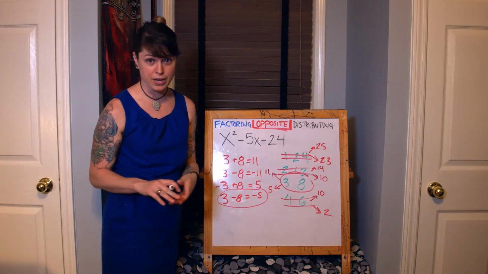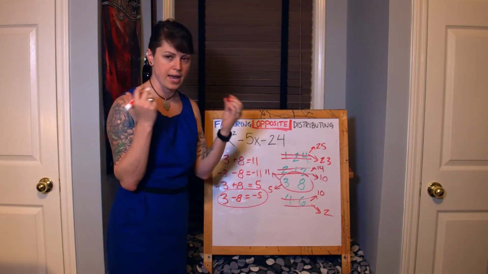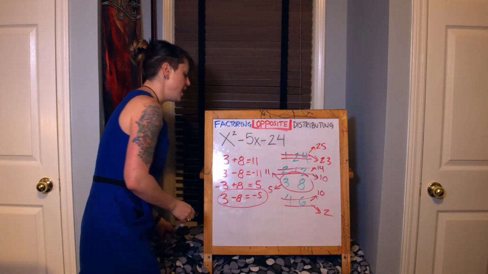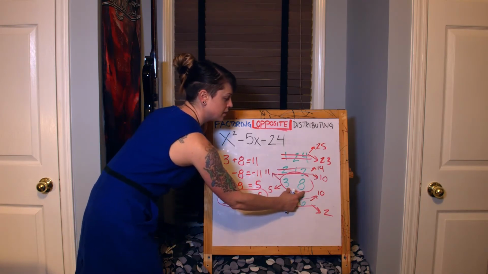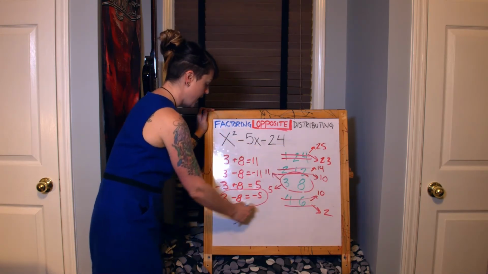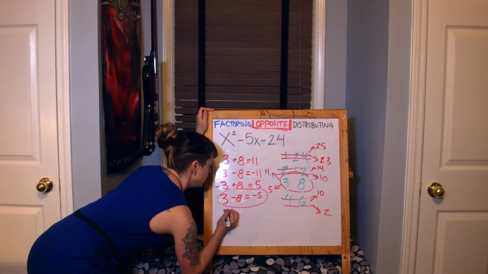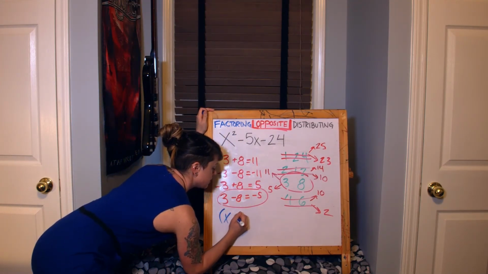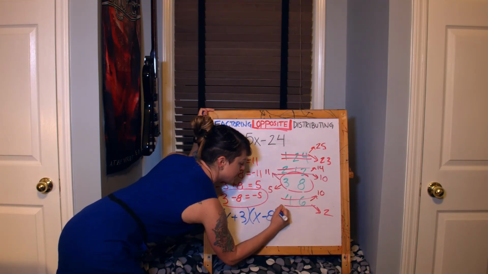Whew, that was a lot of work there. All this could have been done in your calculator, but I was trying to show you all of the ways that we're playing the game in our head to find our magic numbers. So now I have my numbers. 3 times negative 8 will be negative 24. And then 3 plus negative 8 would be negative 5. So to write our final answer, I'm just going to say x plus 3 times x minus 8.